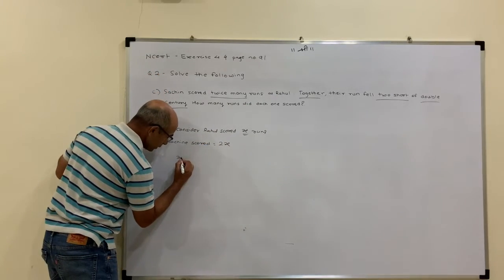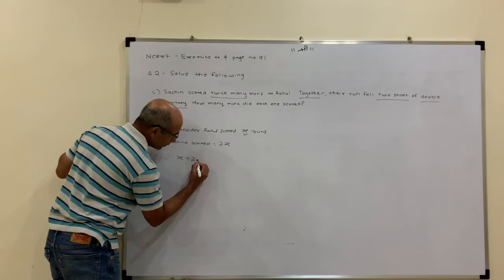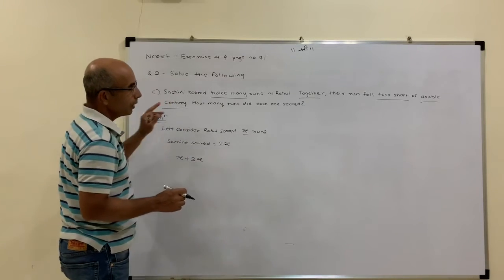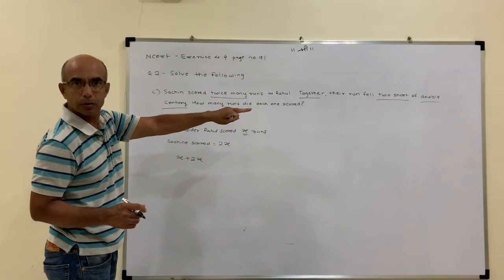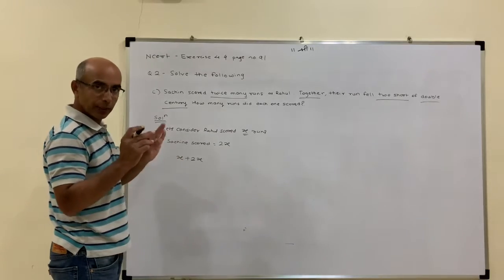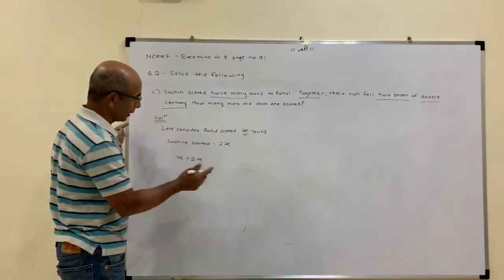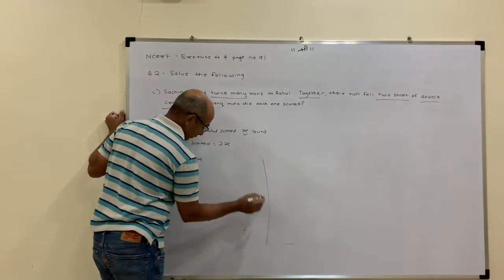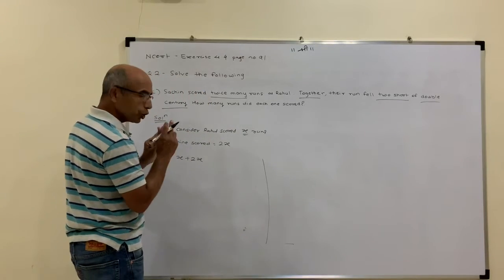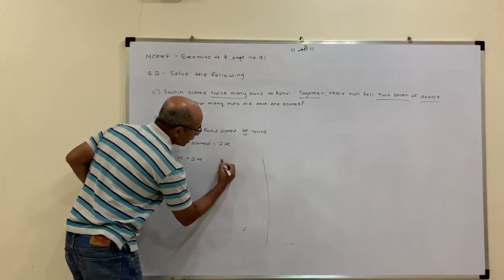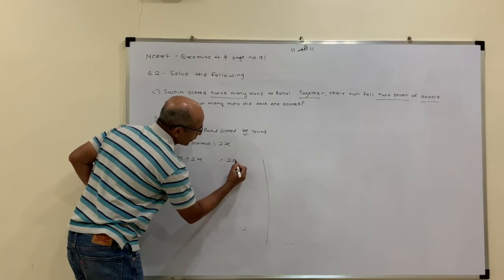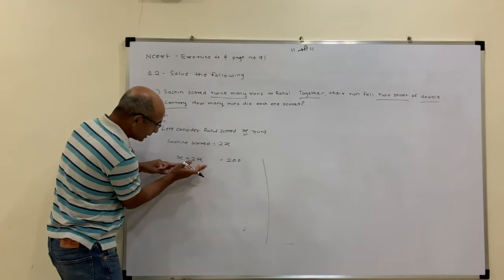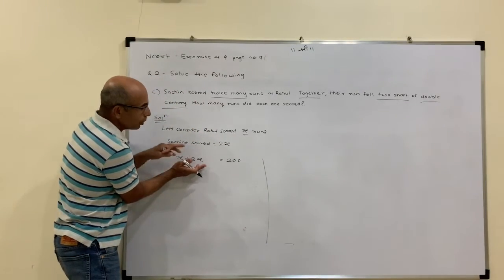So x plus 2x fell short. Here we can write this equation in two formats. I'll be explaining here. Now they are saying fell short of what? Double century, that is 200. So now this side is 2 runs short of this number.